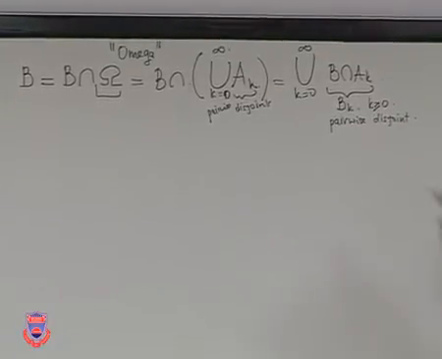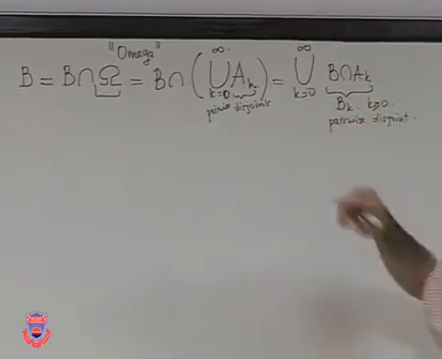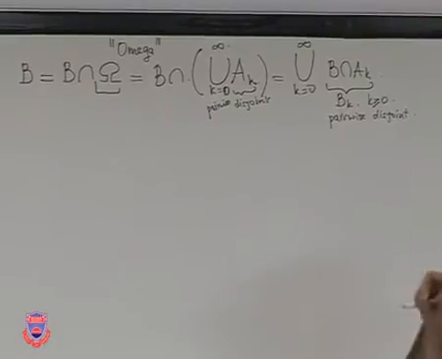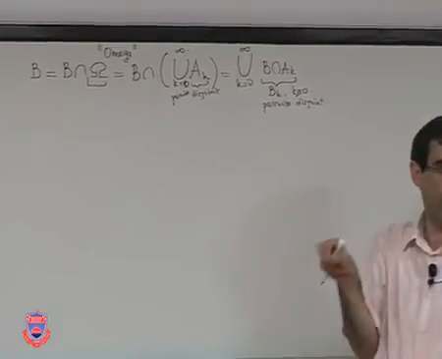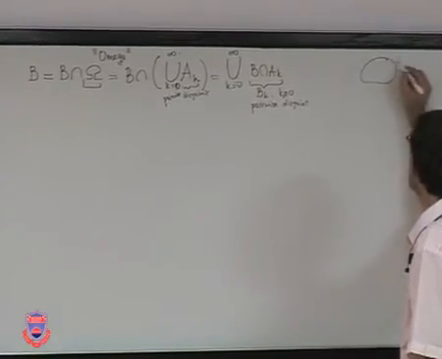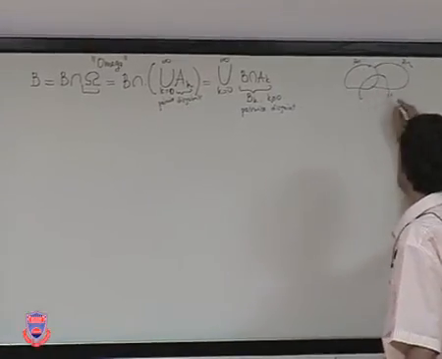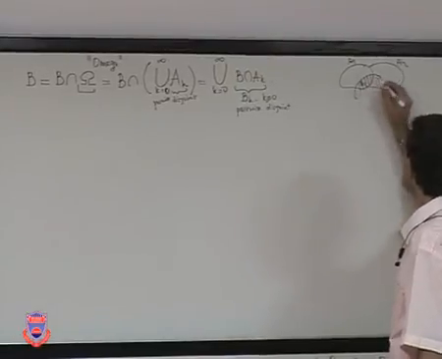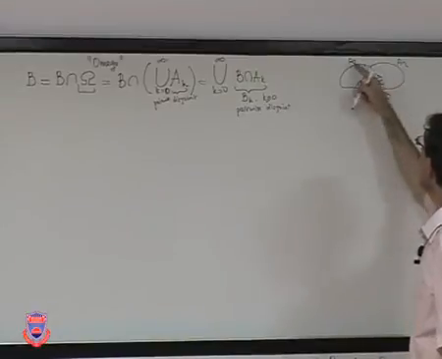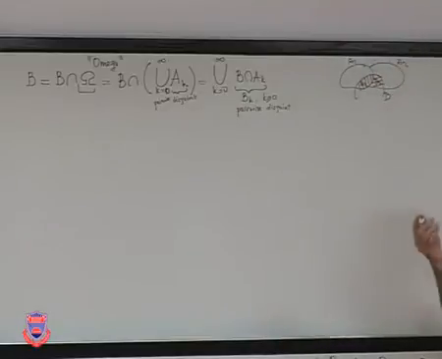B intersection A_K is just a subset of A_K, and the A_K are separate from each other, so two subsets extracted from these disjoint sets cannot have anything in common. So this is like A1, this is A2, and then B comes into the picture. This is the first intersection, B1, and this is B2. Since A1 and A2 don't have any common elements, B1 and B2 cannot have any common elements. That's quite natural.